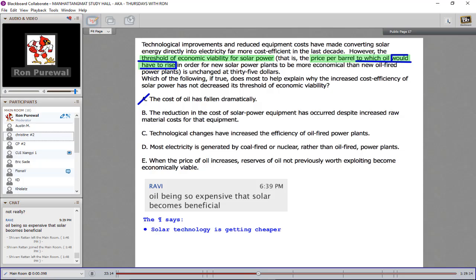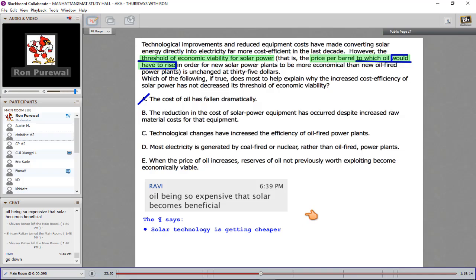What would you expect to happen if solar technology is getting cheaper, remember that sunshine doesn't cost anything? What would you expect to happen to this threshold value? Just like if public transit became cheaper, you would expect those gas prices and parking costs to switch over at a lower value, right? If this happens, what would you expect to happen to the threshold price of oil?